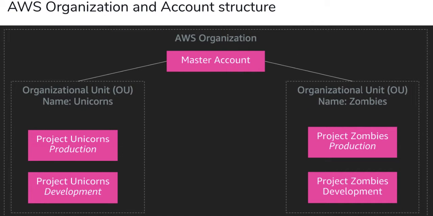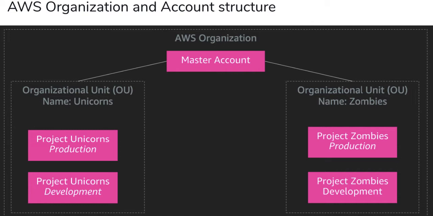So AWS provides us a structure where we could manage all our accounts under one roof. That is provided by a service called AWS Organizations. It's a feature where you could manage all your accounts under one master account.